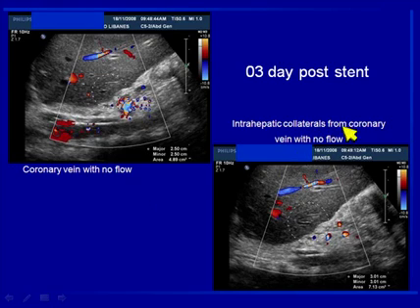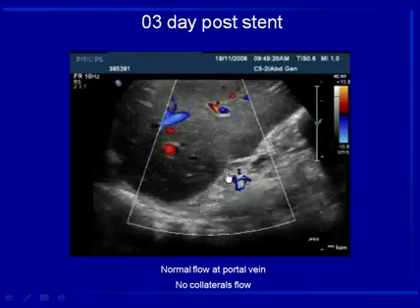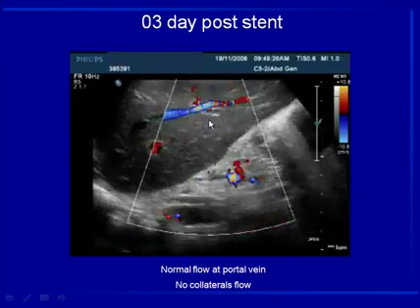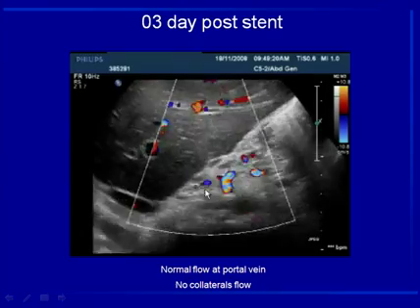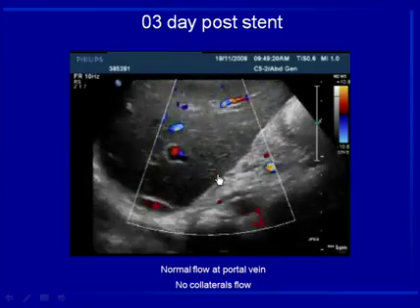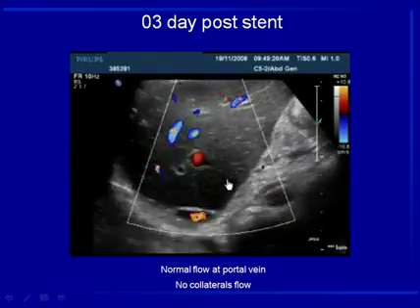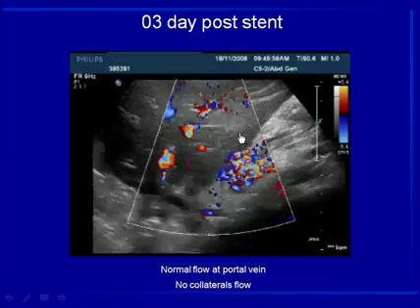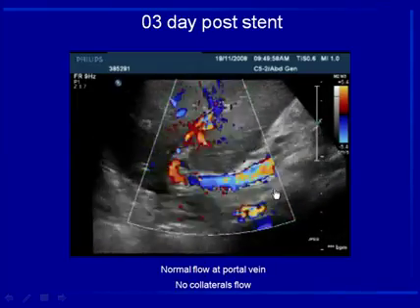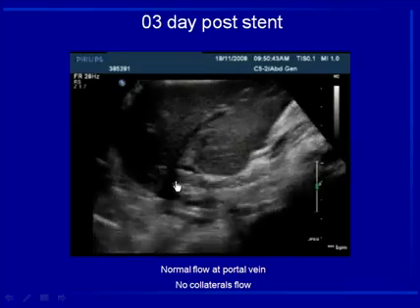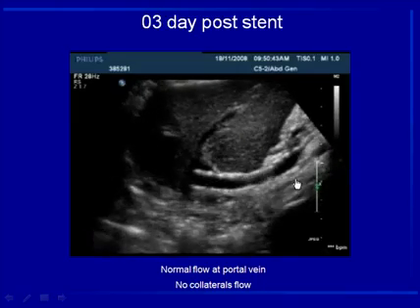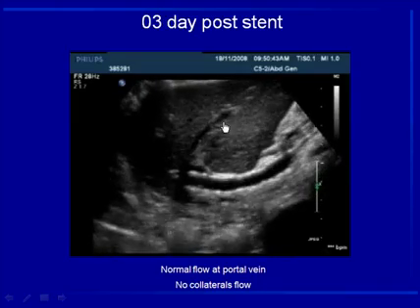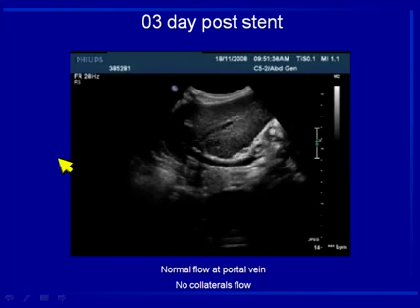The intrahepatic collaterals from the coronary vein also have no flow, and it's a little bit faster, but here you can identify normal flow at the portal vein and no collateral flow at the coronary vein site. Here we can see the main portal vein, the stent inside the main portal vein, and the left branch of the portal vein.